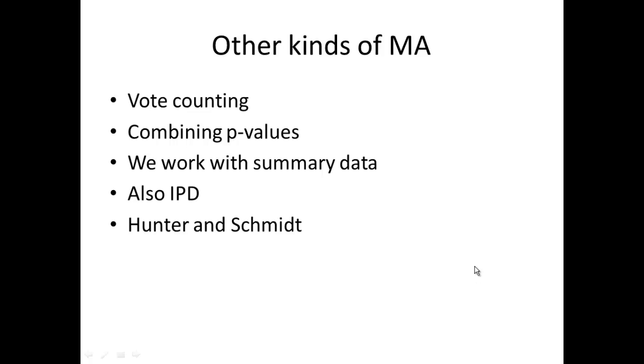I do want to point out that we've been talking about a kind of meta-analysis which relies on summary data from each study. There are other kinds of meta-analyses as well. I mentioned before that Rosenthal used to work by combining p-values. It's very rarely done anymore, and obviously vote counting is something that we don't want to do. There's something called individual patient meta-analysis, and now it's been expanded to individual participant meta-analysis.